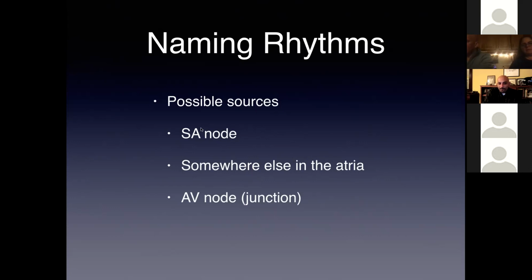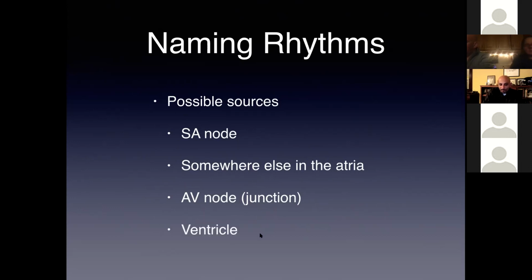But you could have the normal beat starts in the SA node. You could have a rhythm start somewhere else in the atrium. We already talked about that, the fact that the AV node has its own automaticity and will start some rhythms. Because that is at the atrioventricular junction, we call that a junctional rhythm, right?